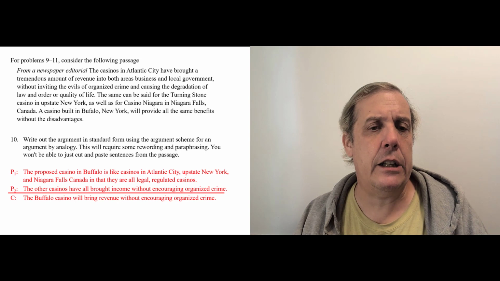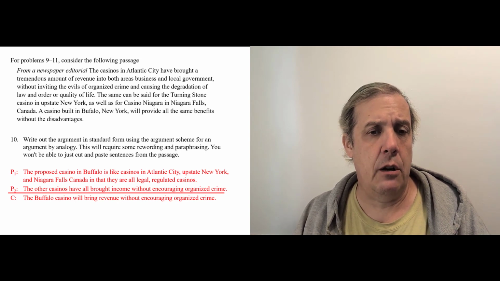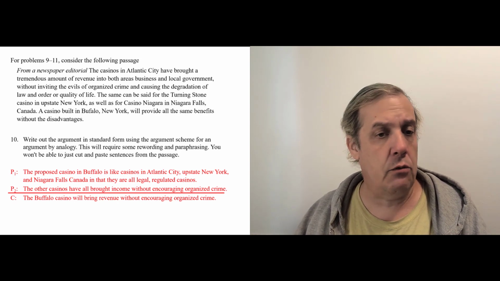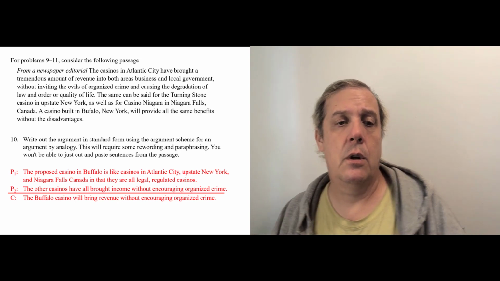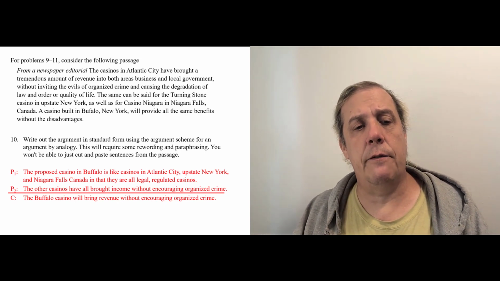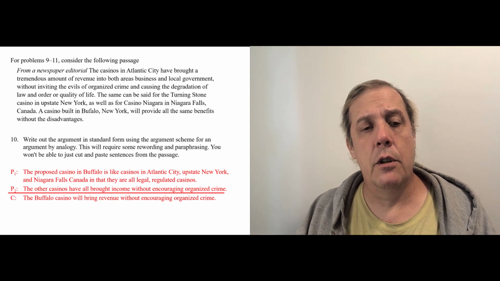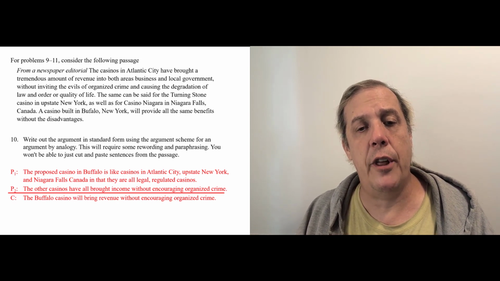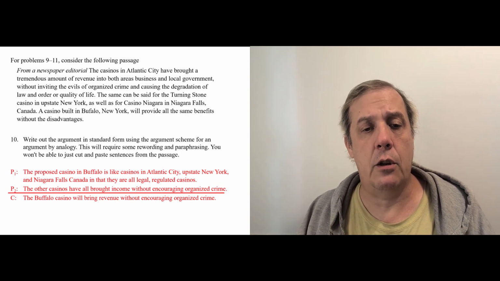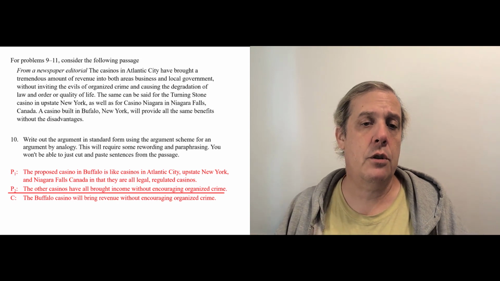And we can fill in the known similarity, even though that was only implicit. We can just fill it in and say that they're all legal, regulated casinos. We say that the inferred similarity is true of the reference analogs. The other casinos have brought income without encouraging organized crime. Therefore, the Buffalo casino will bring revenue without encouraging organized crime.